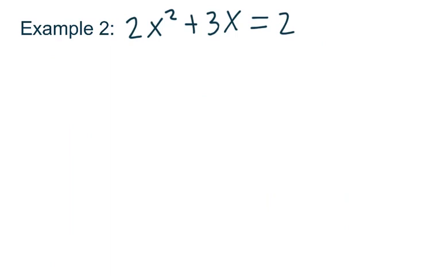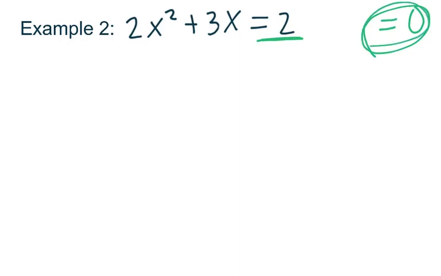Okay, let's look at one more example problem. How is this example different than the first one we did? Well, the first one equaled 0. In this problem, it equals 2. That's an issue because before we can do diamond or box, we need the quadratic to equal 0.